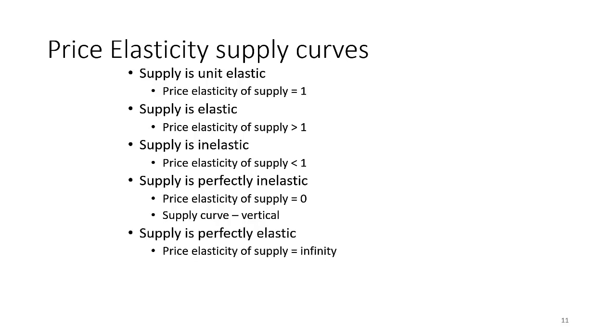And perfectly elastic means your elasticity of supply is infinity, which means a horizontal supply curve. So here again, the idea is that we'll pretty much be moving around these three things. Perfectly inelastic and perfectly elastic are the two extremes.